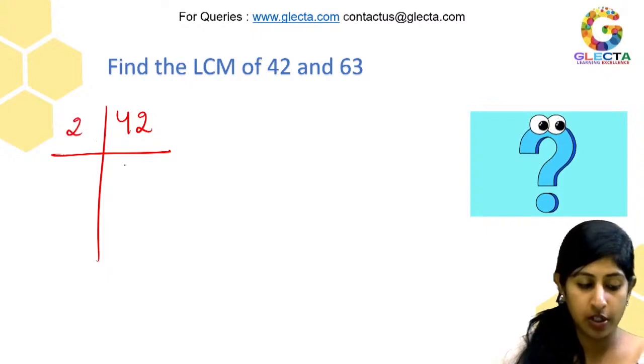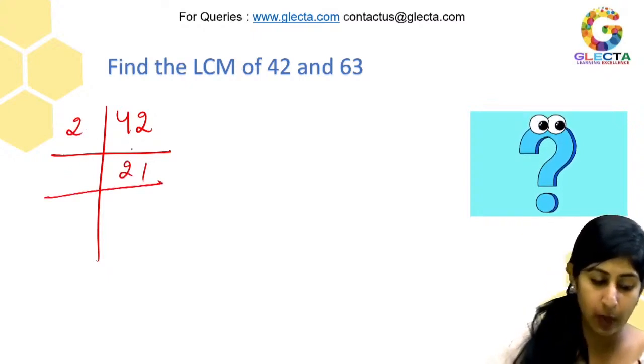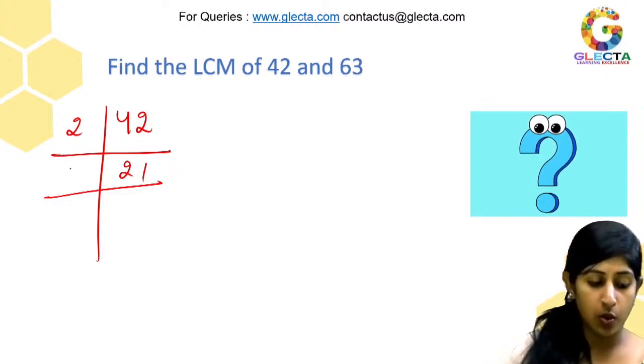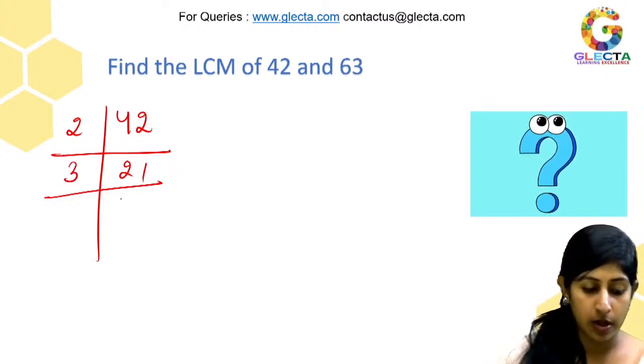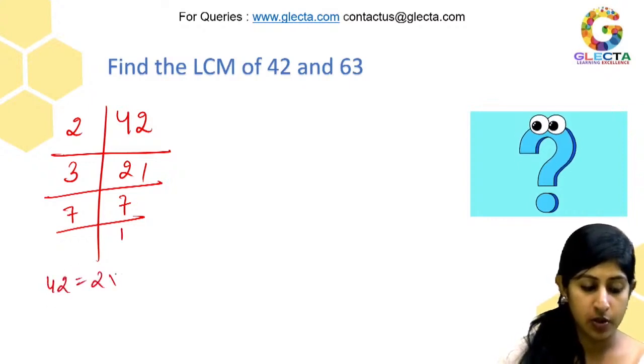Starting with 2. 42 divided by 2 is 21. Now 21 is not a multiple of 2, so next will be 3. So I'm going to write 21 divided by 3, that is 7, and then 7 over here. So 42 can be written as simply 2 into 3 into 7.